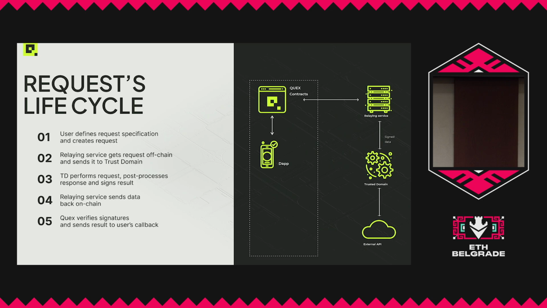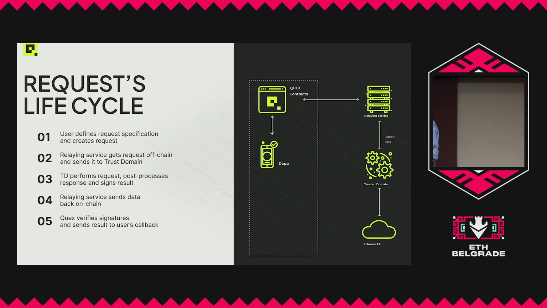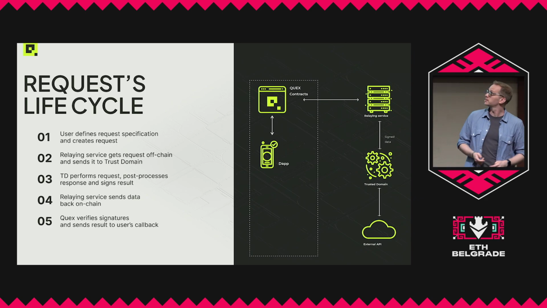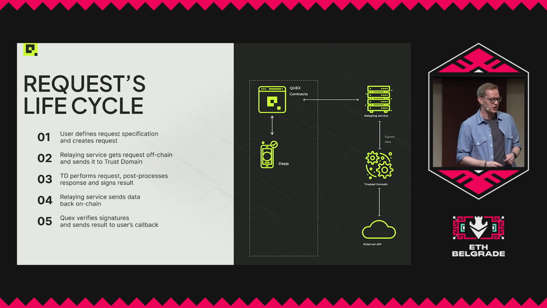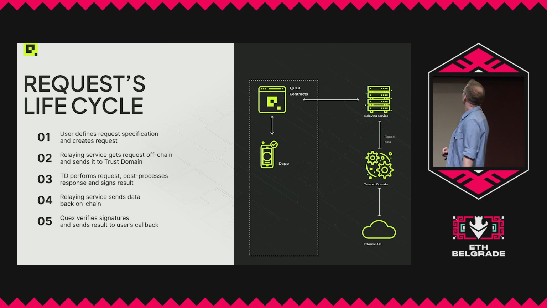The user or the app defines a request specification and creates a request. Then the relaying services of the chain get that particular request and put it into the trusted domain, the instance of TEE that securely processes this data.